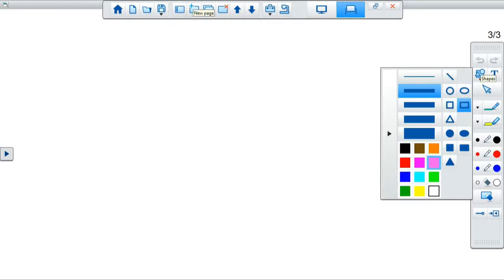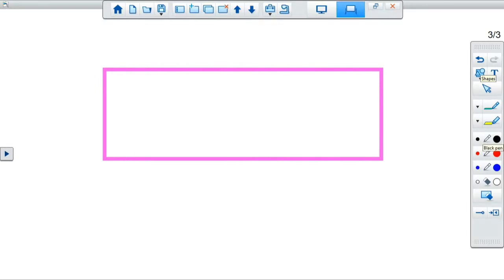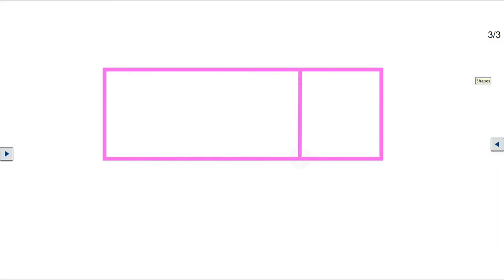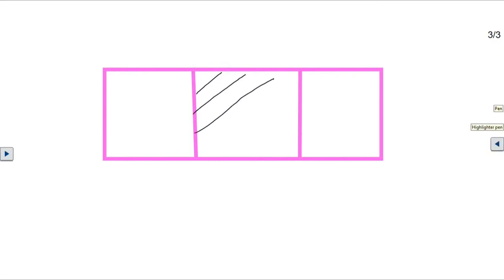Again, I'm going to start with my rectangle here, and let's split it into thirds as best I can. This isn't going to be perfect, so we'll just pretend those are the same size. They're pretty close. Let's select 2/3.